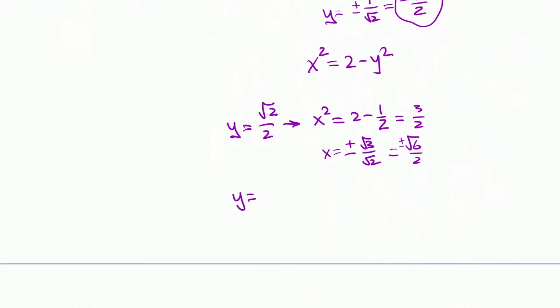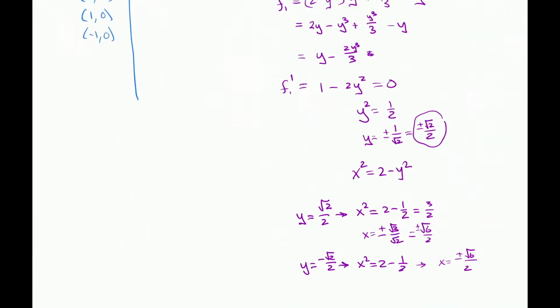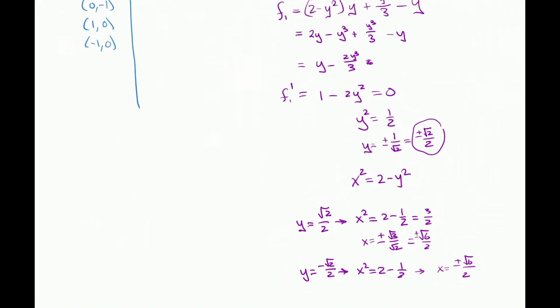And then when y equals negative radical 2 over 2, you get x squared is equal to 2 minus radical 2 over 2 squared, which is 1/2. So that means that x is equal to plus or minus the same thing. So here are my 4 boundary critical points. Let me summarize.